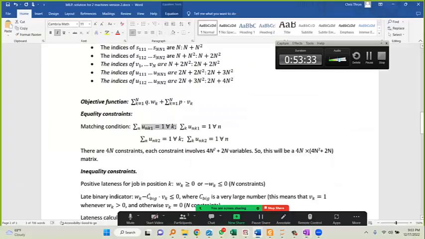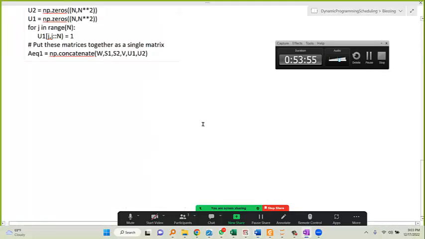All right, now for the next one here, the first one is for all k. We are looking at the kth positions.